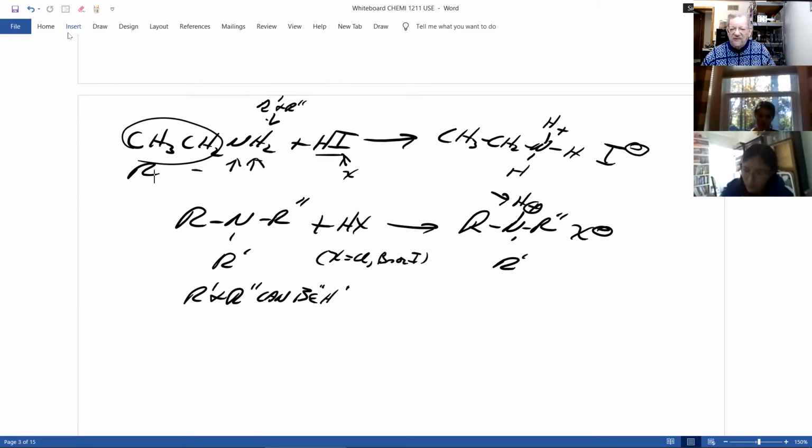Now, one thing I should point out, notice this nitrogen has 3 hydrogens on it. So I could have written it like this. And this is something you should be familiar with, which is why I'm showing it to you. Which structure is correct on the test? Both would be. And that's how you do it.